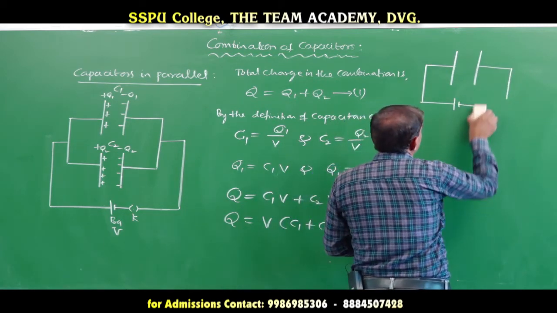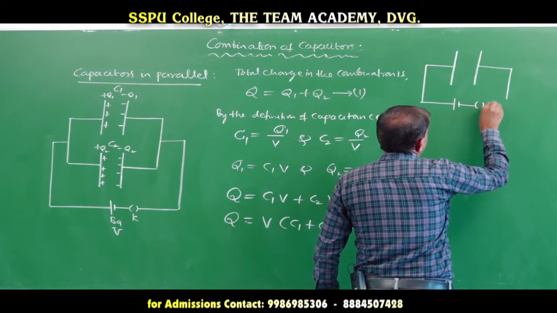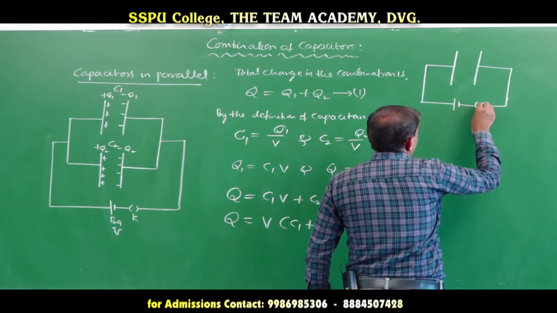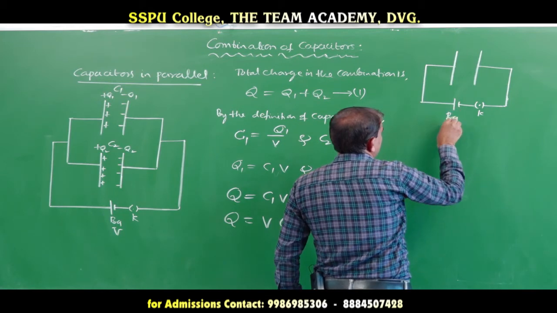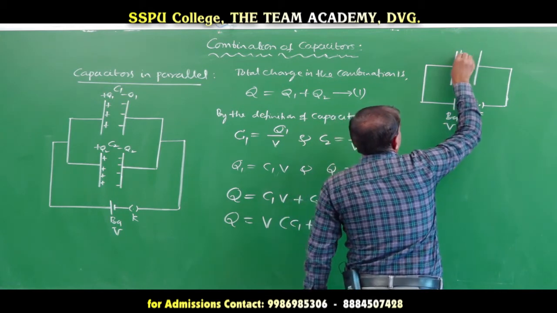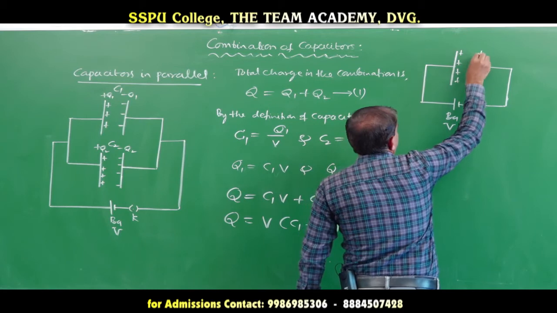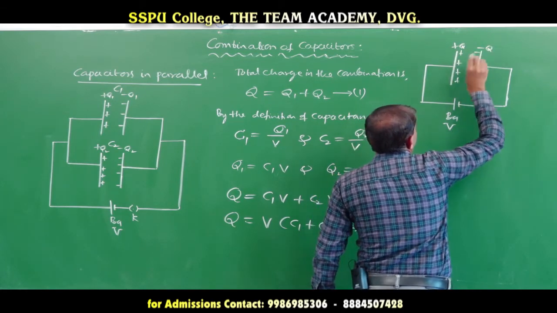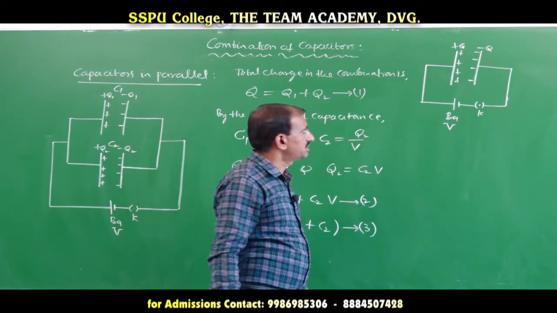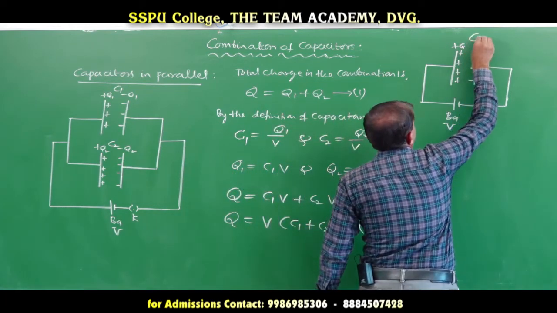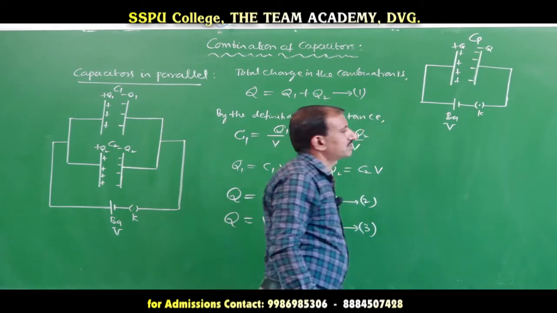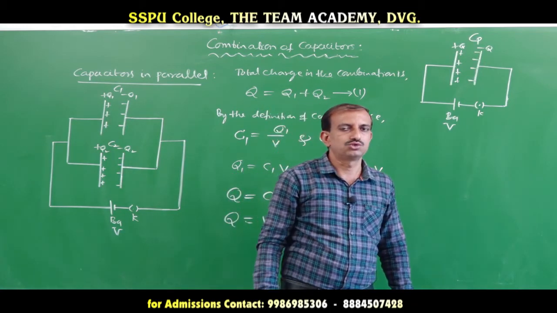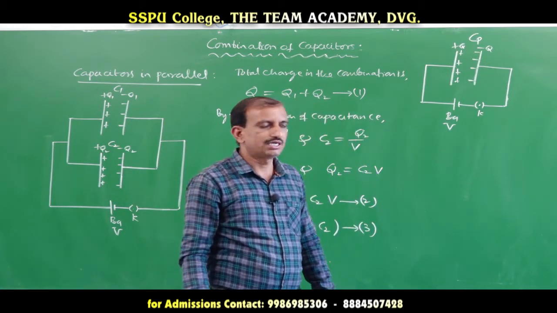This is the plug key, this is the battery of potential V volt. This is the positive plate of the capacitor and this is the negative plate. This is plus Q and this is minus Q. This effective capacitor can be called Cp. Cp is the effective capacitance of two capacitors connected in parallel.